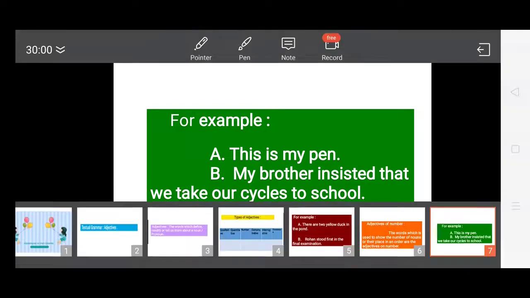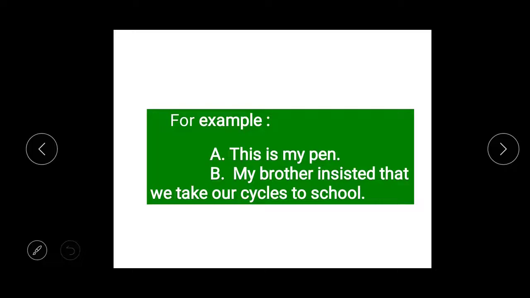So here students, in the first example, the word my, and in the second example the word our, both of them are denoting that some particular thing belongs to some particular person.